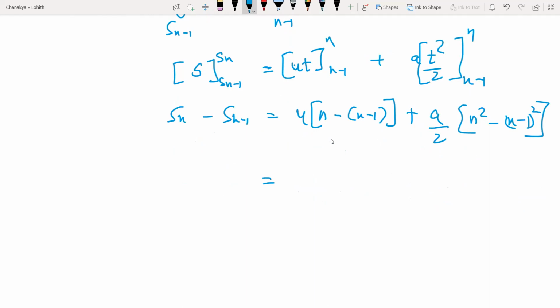If I expand this bracket, we get n square minus n square minus 2n plus 1. Here the n square terms cancel, and we are left with 1.